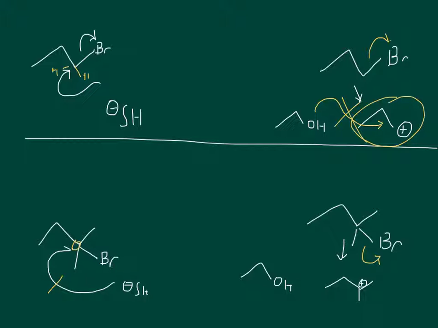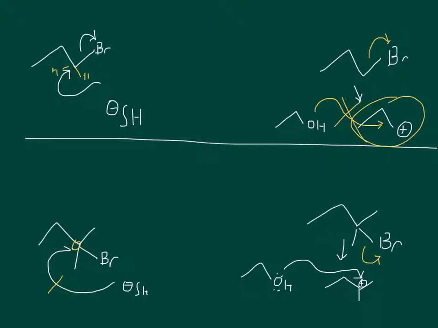Since it's stable, it's more likely to exist in the solution, so we can actually have the time, or if we want to consider the rate, for this ethanol to come in and accomplish the attack and form the product we'd want. And thus this is a principal characteristic of the stepwise process.